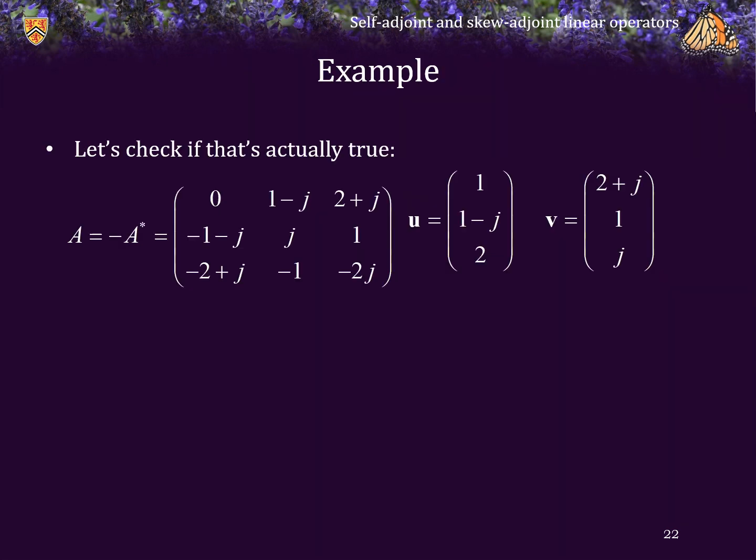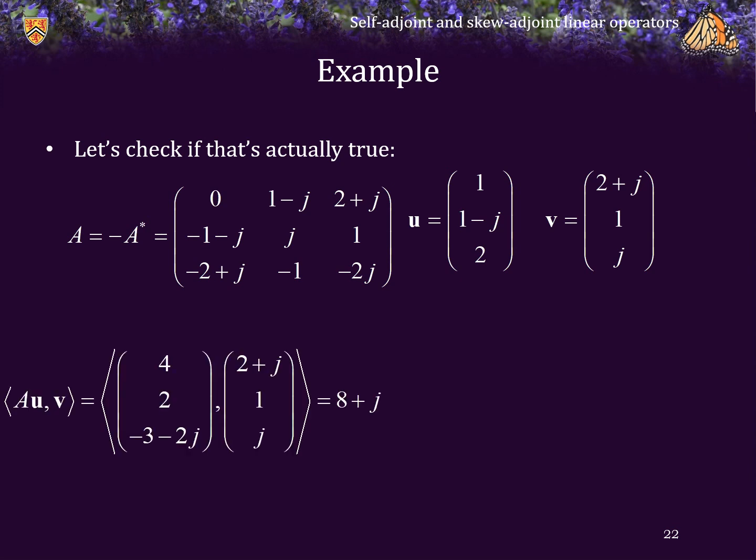Let's check if that's true. Here we see a matrix that is conjugate skew-symmetric. All the entries on the diagonal are imaginary, and the entry at, say, entry 1,2 is equal to the negation of the conjugate at the entry 2,1. So, given the vectors u and v, if we calculate A times u, we get the vector 4, 2, negative 3 minus 2j.